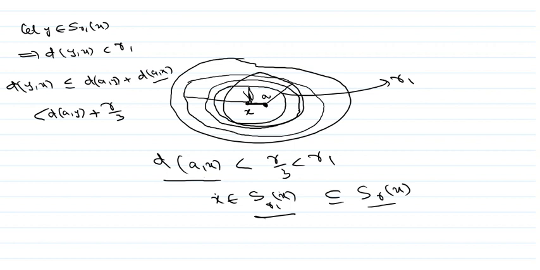Where is y? y is in S_r1(a). The distance between a and y, a is here, that should be less than 2r by 3, I think. That should be less than 2r by 3. What's 2r? 2r is here, okay.